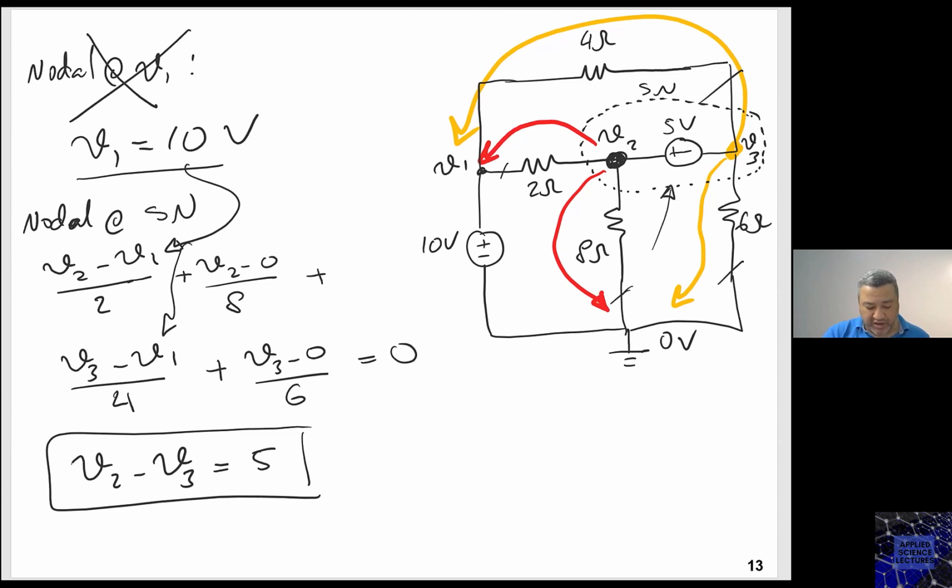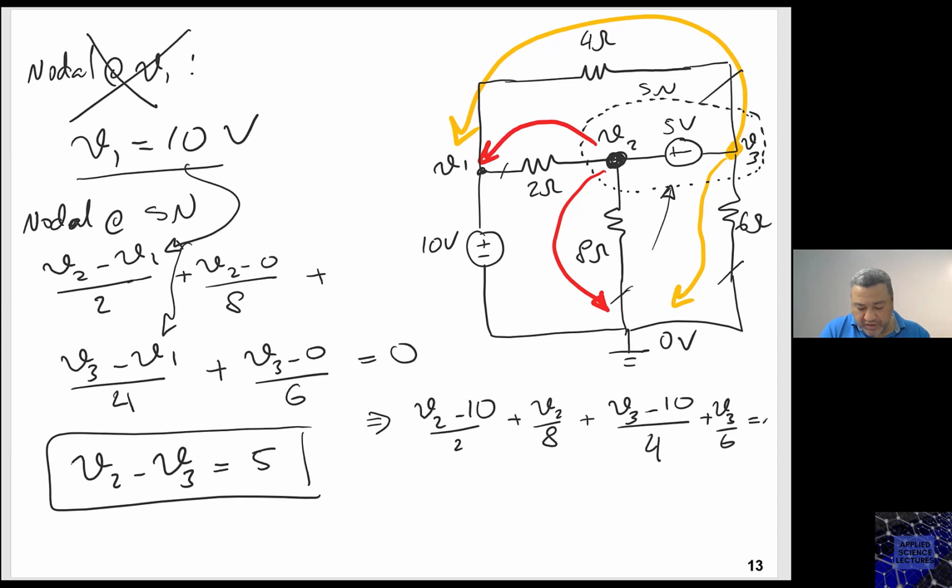Now, if you rearrange those 2 equations, you have here V2 minus V1 over 2 plus V2 over 8 plus V3 minus V1 over 4 plus V3 over 6 equals to 0, with V1 equal to 10. So I'll write them right away. 10 minus V3, minus 10 over 4 plus V3 over 6 equals to 0.